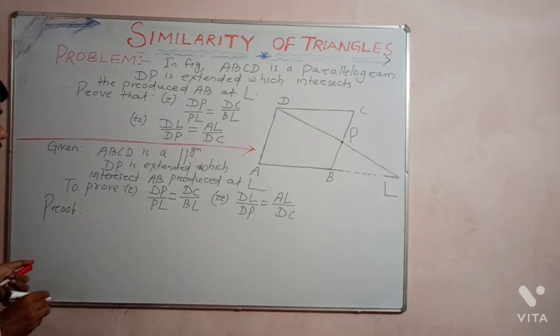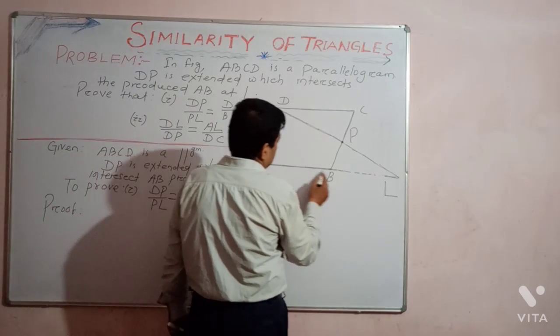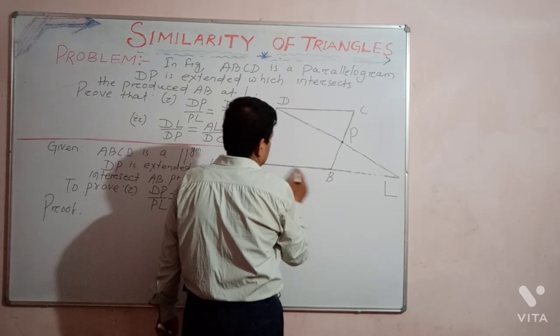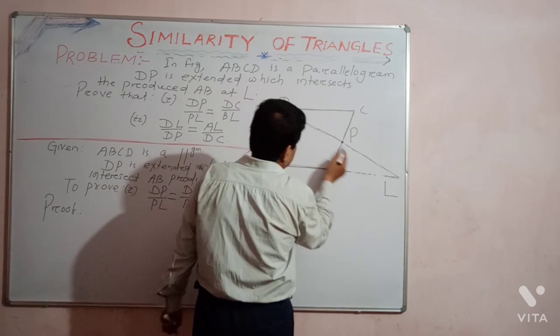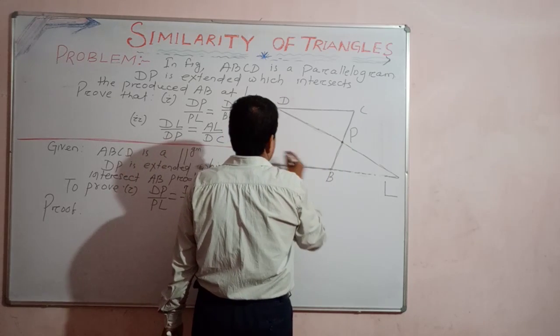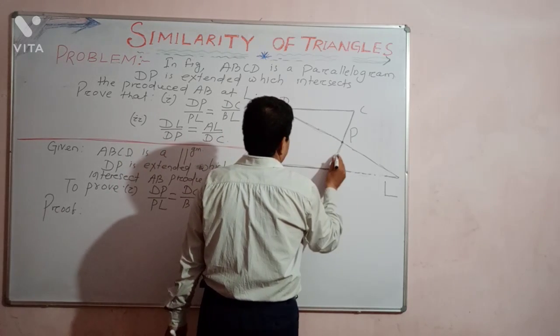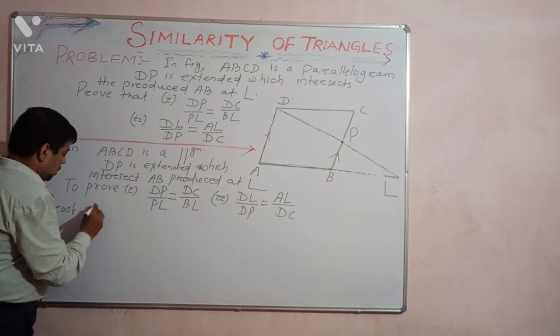Students, you see now, we are getting a triangle, ALD, or rather DAL triangle. Now AD is parallel to BC, so AD is parallel to BP.